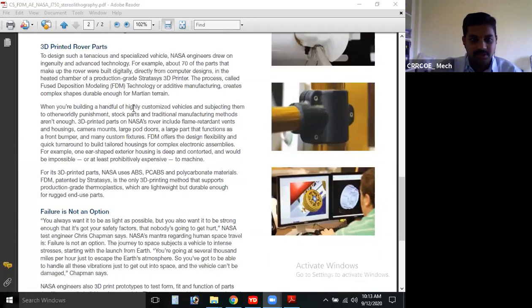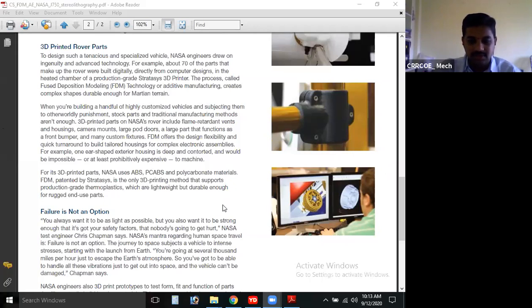When you are building a handful of highly customized vehicles and subjecting them to otherworldly punishment, stock parts and traditional manufacturing methods are not enough. Here you can observe a person modeling some of the wheels required for that vehicle, the rover.